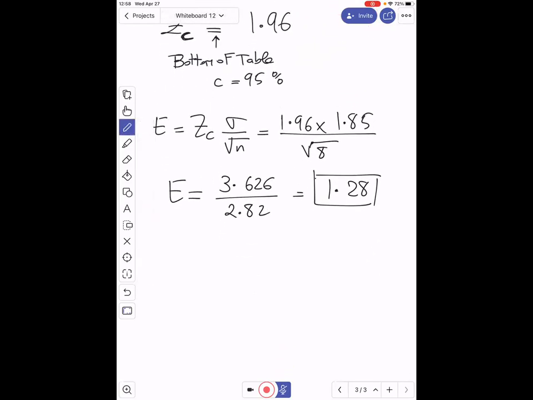Once you have your margin of error, we can answer the question, the confidence interval: X bar minus E, X bar plus E. As I said, there's no problem with the X bar.